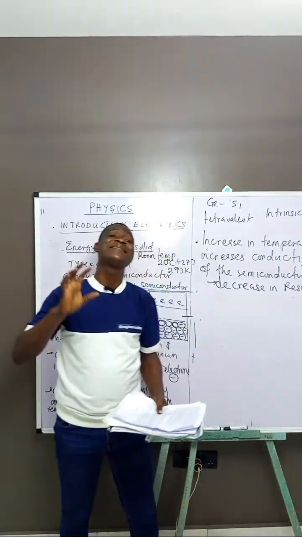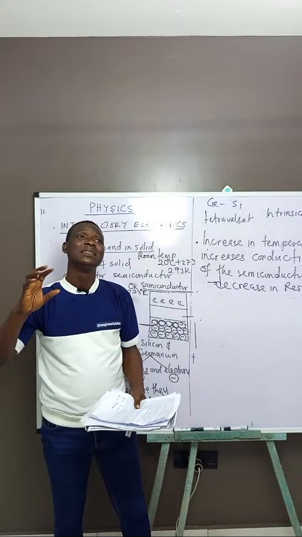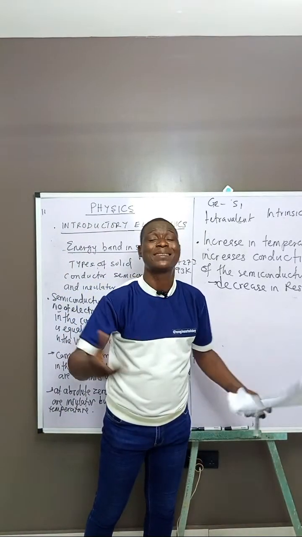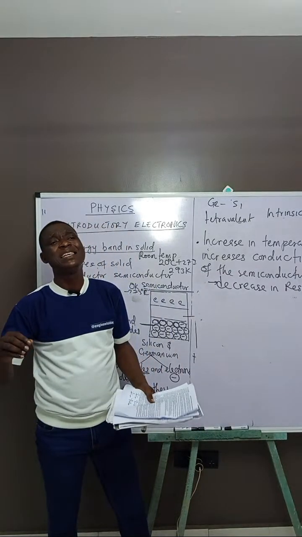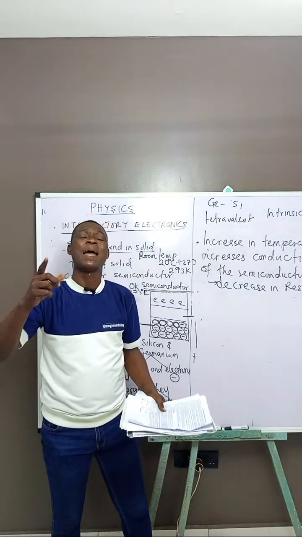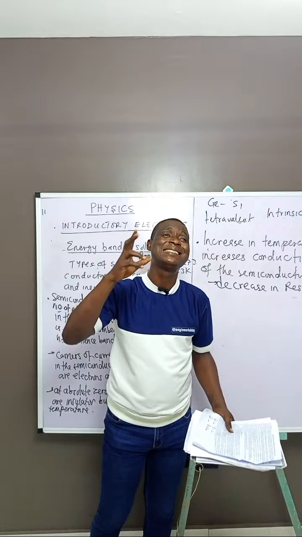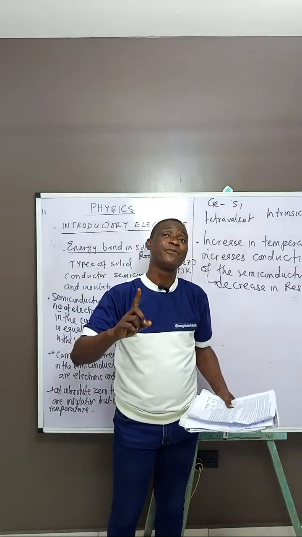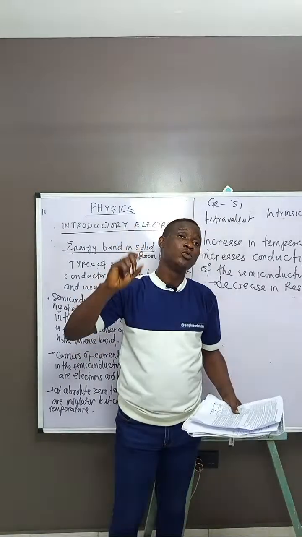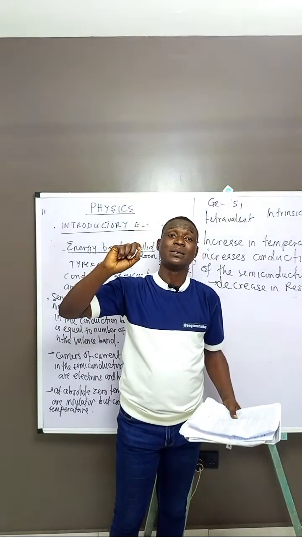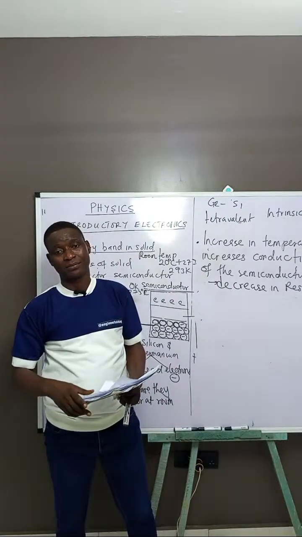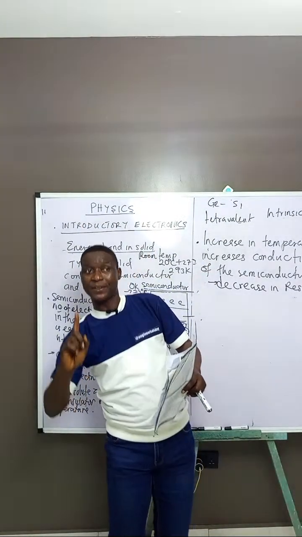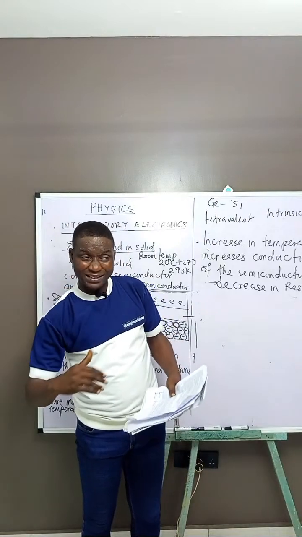If you increase the temperature of a particular metal, you have actually increased the resistance. It's not like a semiconductor, whereby as the temperature is going up, resistance is coming down.